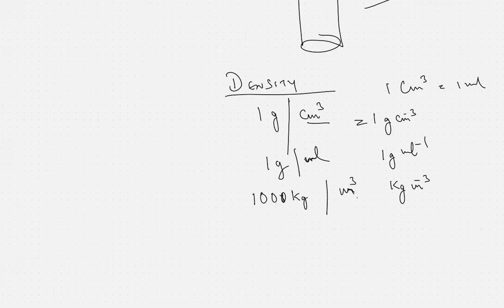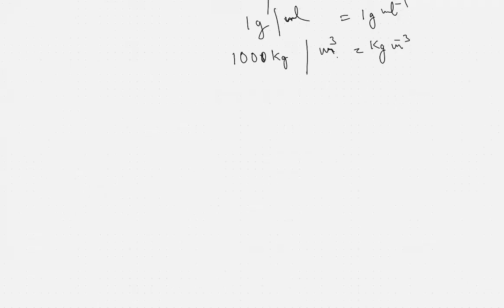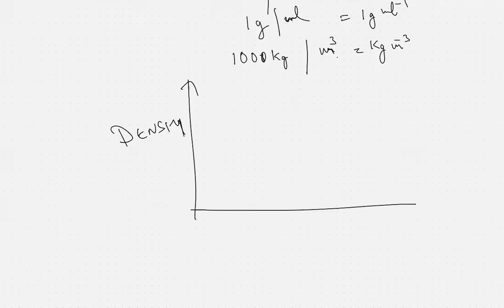So those are the density values. But this density value is the maximum at certain points. Okay, so if you draw a graph showing the density against temperature, the density of water goes up like that and then goes down.